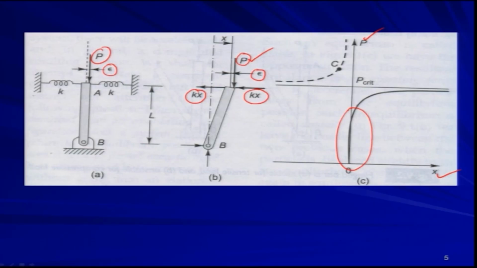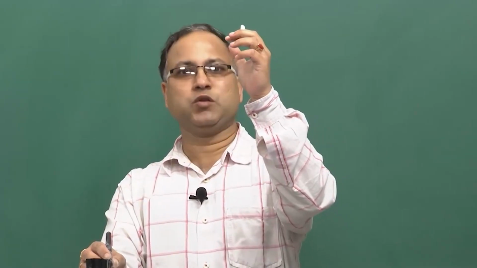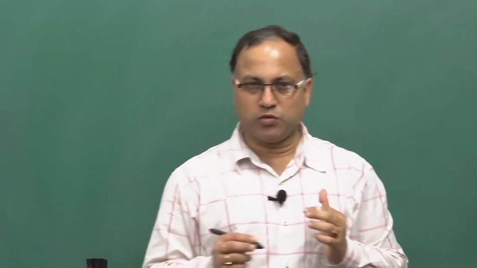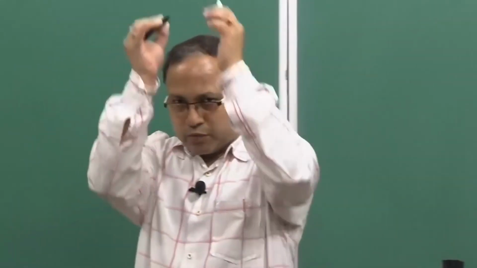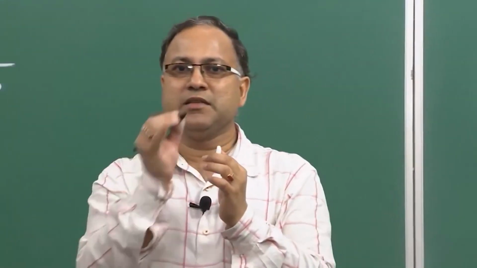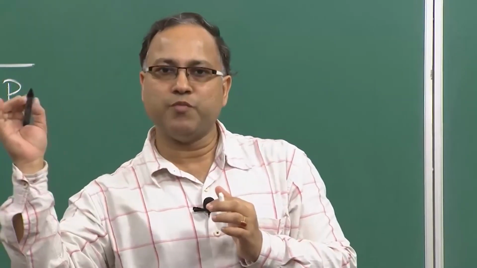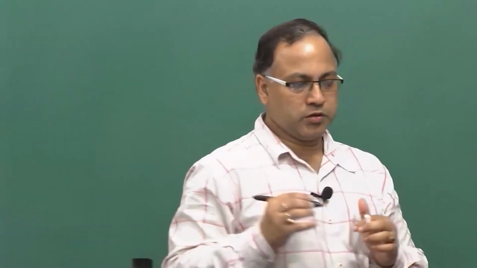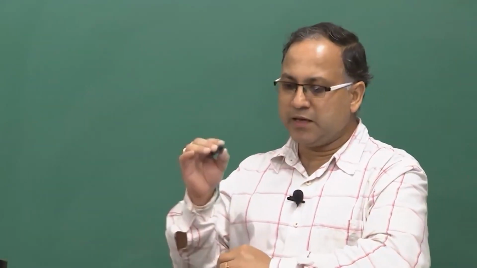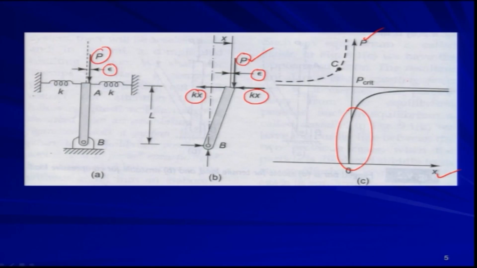That means when the load is quite below your critical load, the vertical member will not experience much lateral movement or lateral sway. Once the magnitude of P is reaching near P critical, then your x is quite large, that you can see from here.